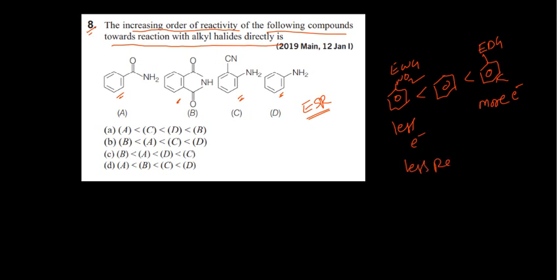This is the concept. Now you see here, this is the minus mesomeric group. Here two minus mesomeric groups are there. Here plus mesomeric and minus mesomeric. Here only plus mesomeric. Plus mesomeric means electron donating group, so here the electron donating group means more reactive.